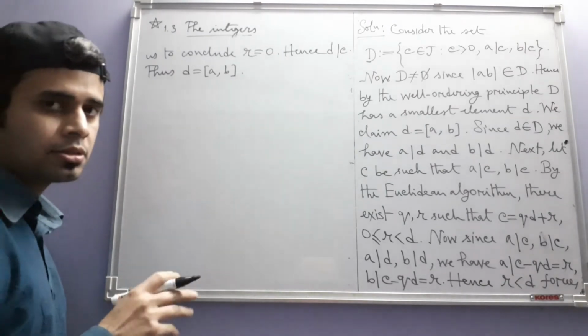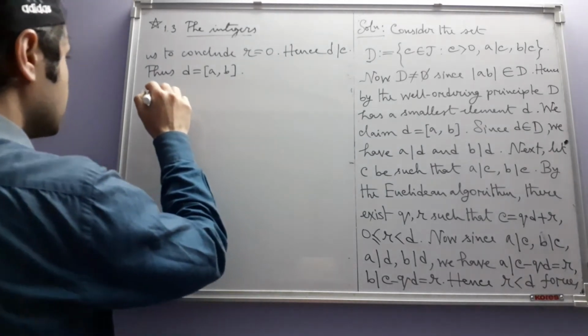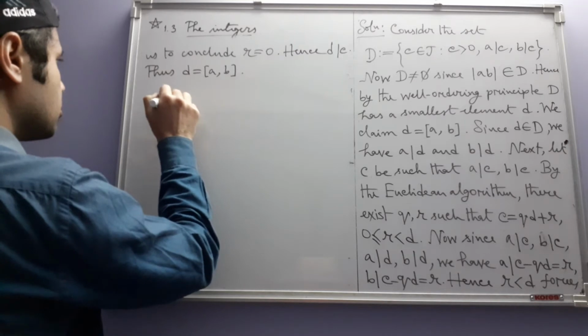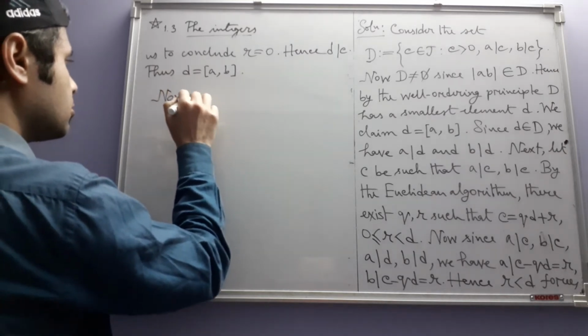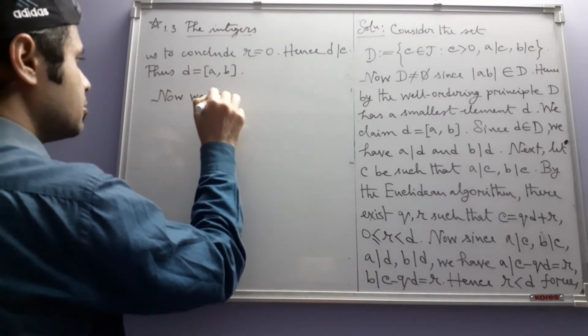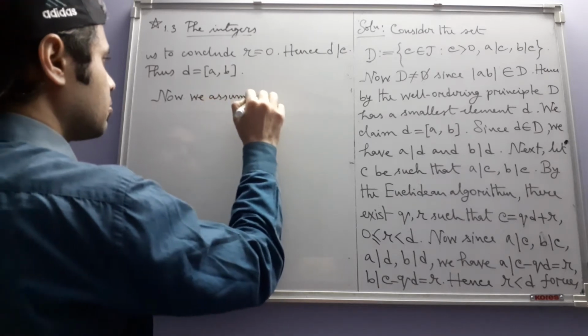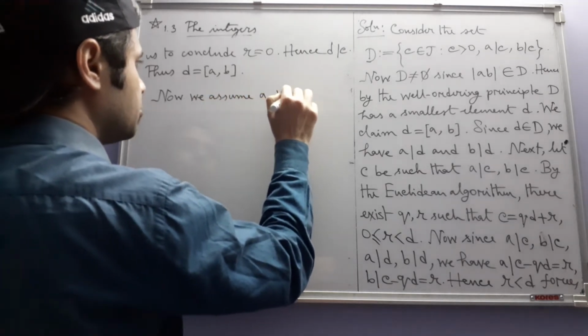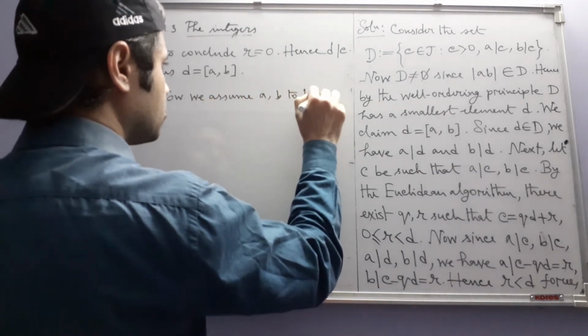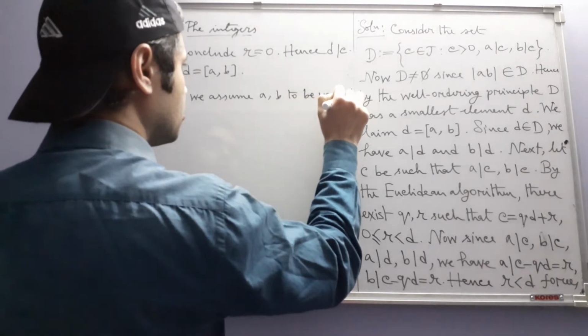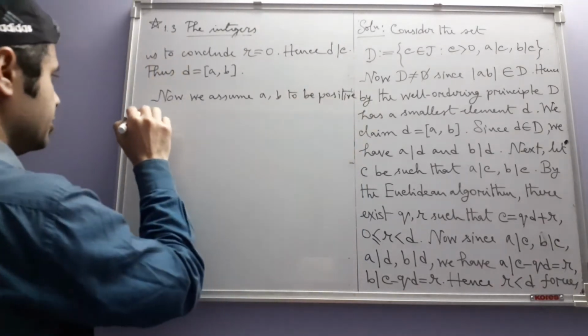Now we come to the second part. Now we assume A and B to be positive integers.